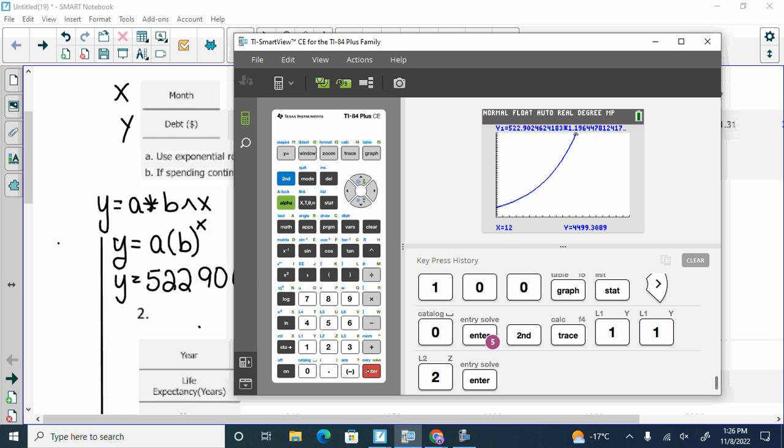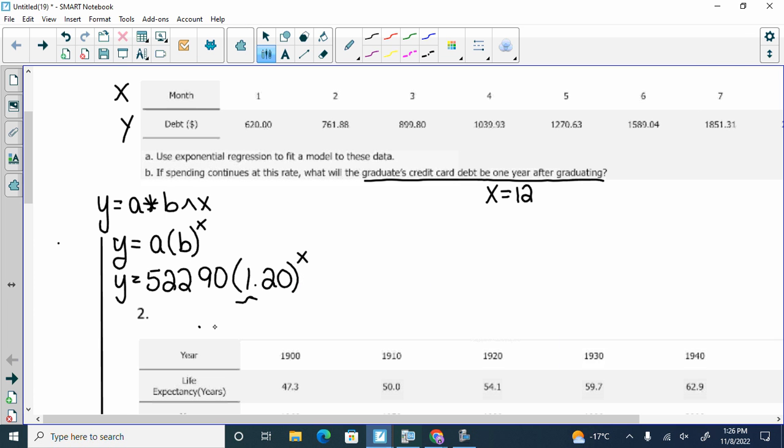And it's 4,499.31. And then you'd write a sentence.